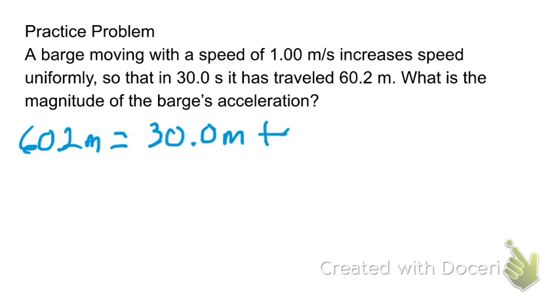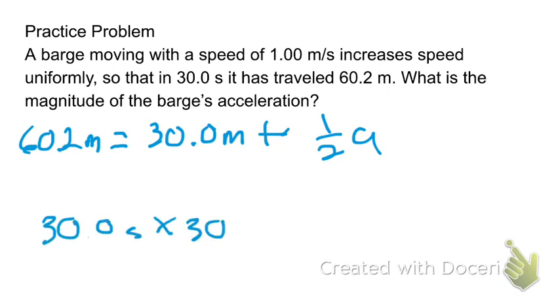1/2 of the acceleration. So we're still going to wind up with 1/2 acceleration, because we haven't fixed that yet. But then we can also take the time squared. So if we do 30 seconds times 30 seconds, what does that come out to?